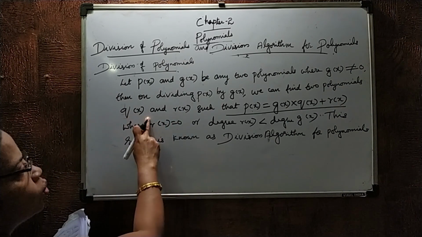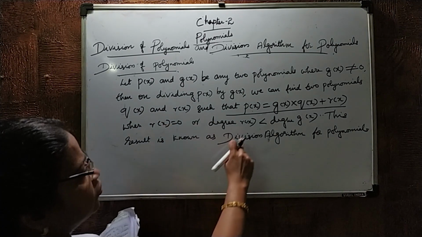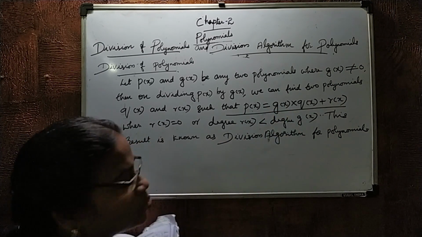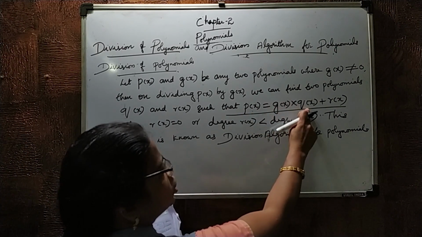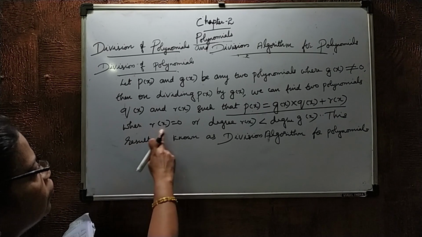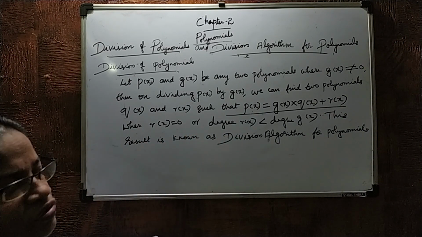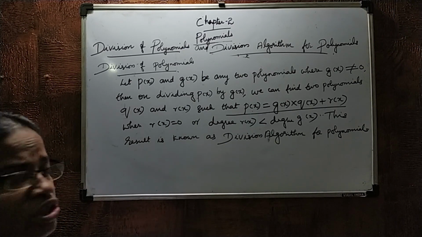Q of x means quotient, r of x means remainder. And then p of x is equal to g of x into q of x plus r of x. That means dividend equals divisor into quotient plus remainder. And where r of x is equal to 0 or degree r of x is less than degree of g of x. That means where we have to stop. When we are going to stop.